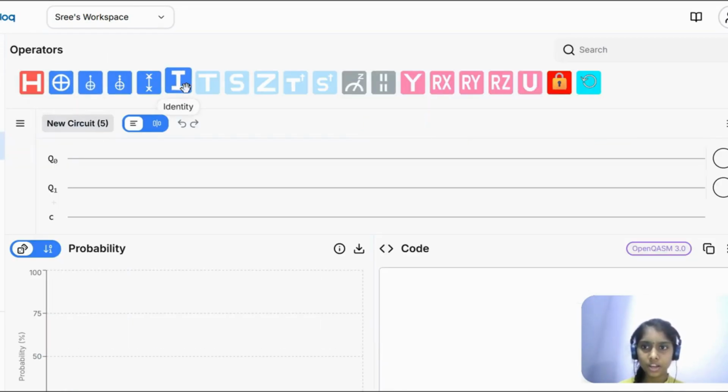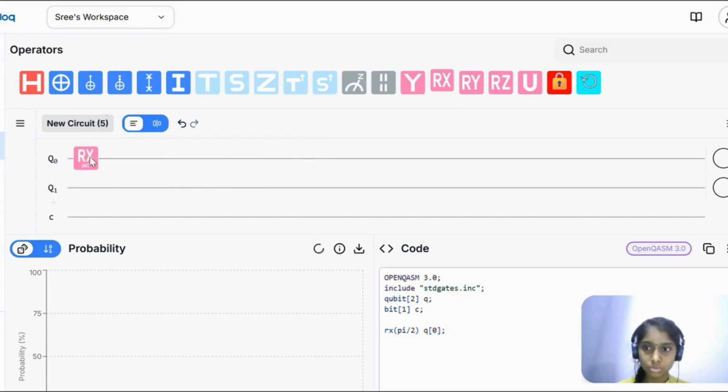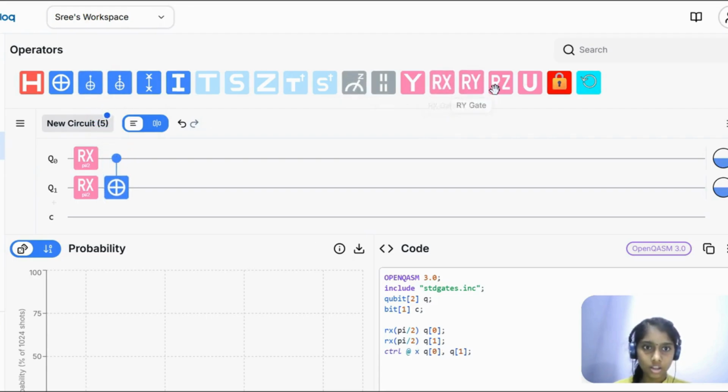First I'm applying the RX rotations to introduce the transverse field, and then another RX. After this, I'll be implementing the ZZ interaction using a CNOT, RZ, and CNOT decomposition. So we have this CNOT gate here, then the RZ, and then the CNOT gate again.